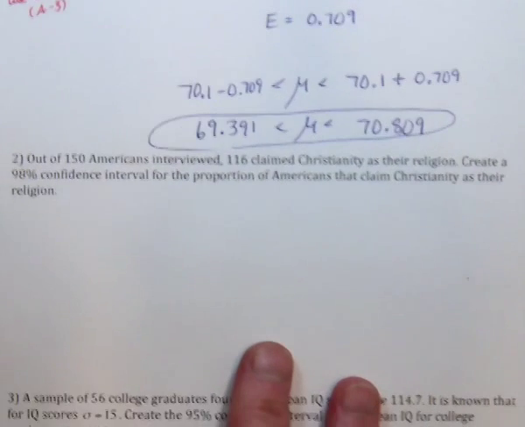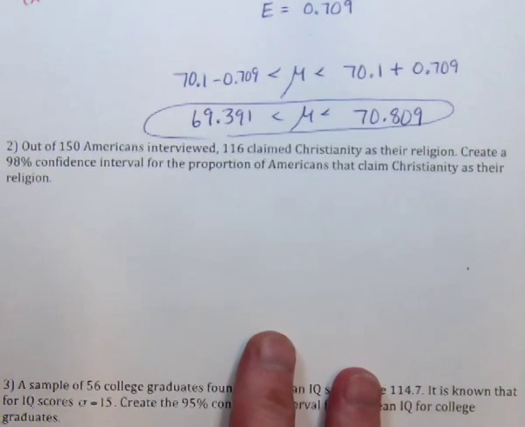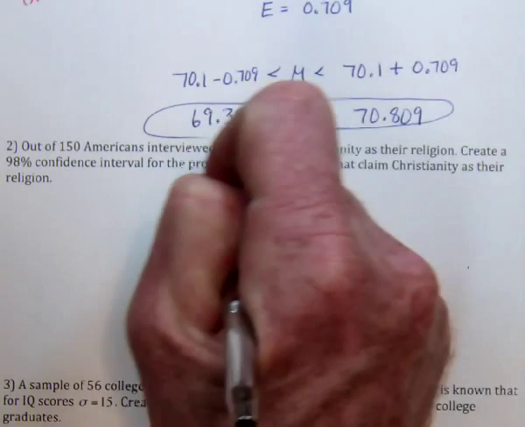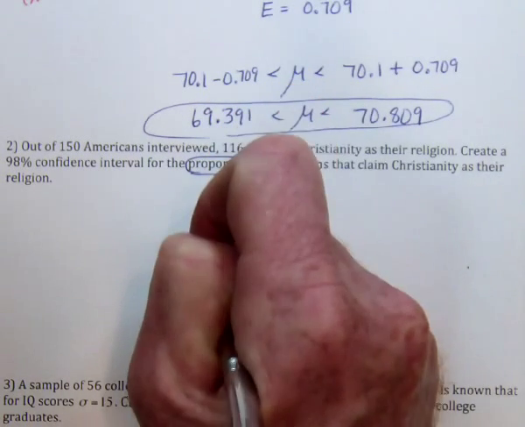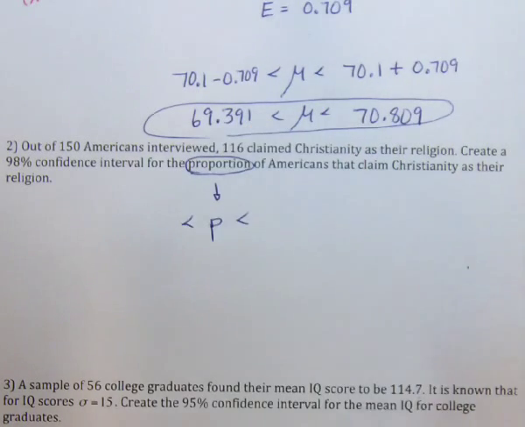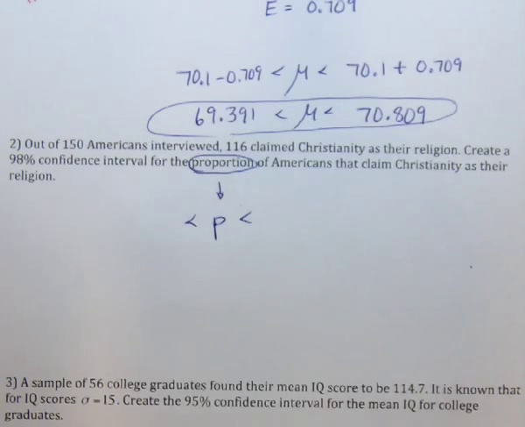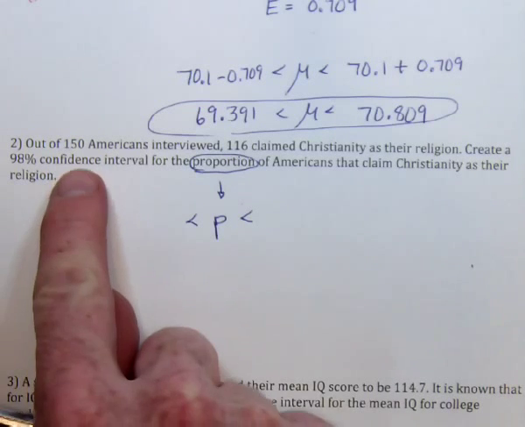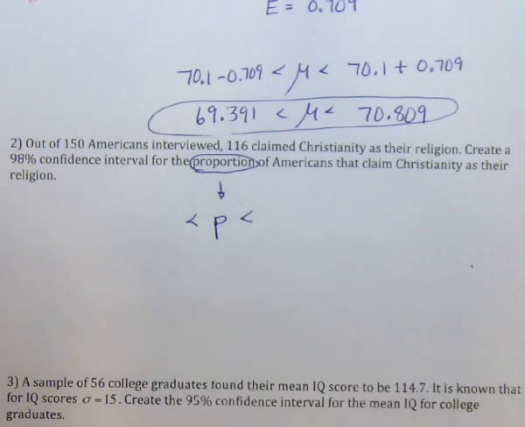Okay, the next kind of interval. So this one is about proportions. So in other words, this is saying the proportion of people that claim Christianity as their religion is between what and what. Did you notice I'm doing my part to protect the environment by recycling an old problem?